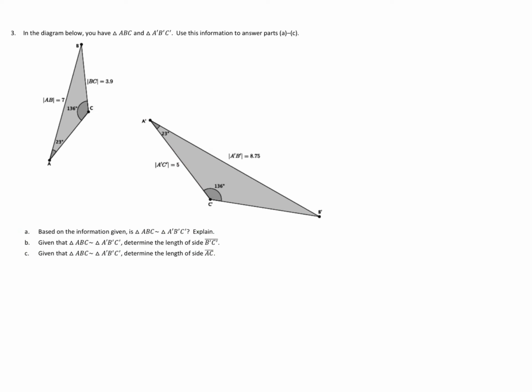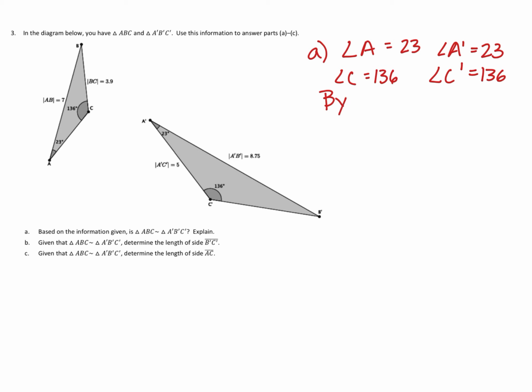Based on this diagram and the given information, can we say if these are similar? We have angle A is 23, and angle A' is 23. We also have angle C is 136, and angle C' is 136.